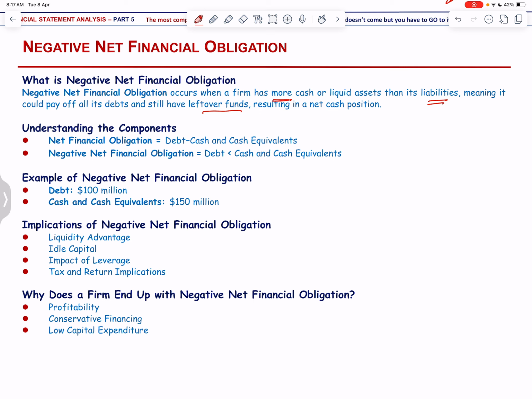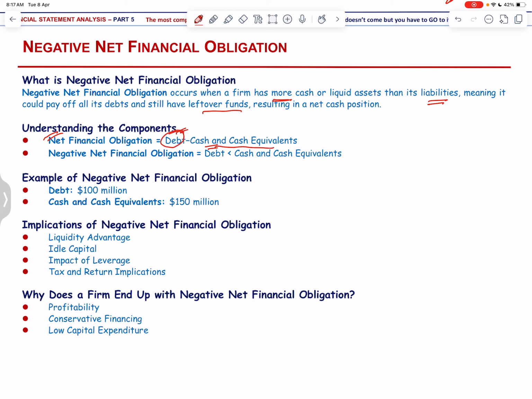To break this down, net financial obligation is typically defined as the total debt minus cash and cash equivalents. Now, debt is the total amount of money the firm owes, which includes both long term and short term borrowings.